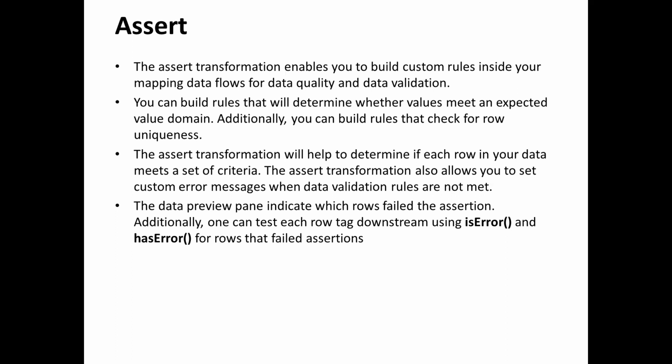So if the gender column doesn't have any information, it's an invalid record. Those kinds of custom rules we can create using the assert transformation, and these are very specific to the business. These are not standard. You cannot do it in a filter or any other transformation.